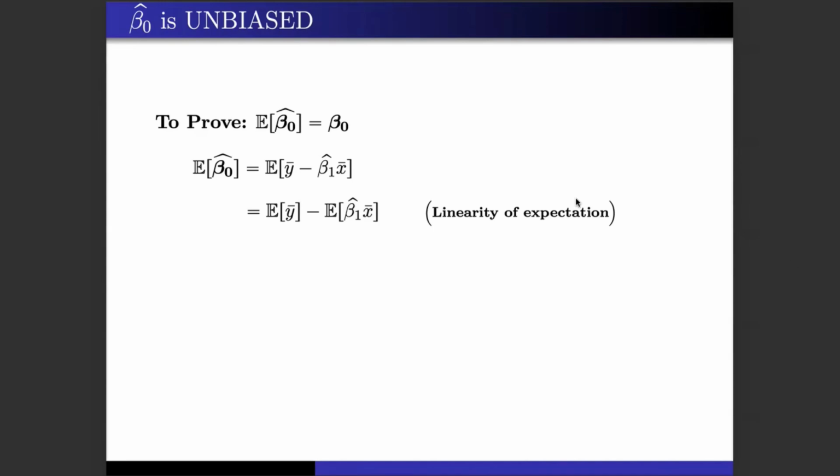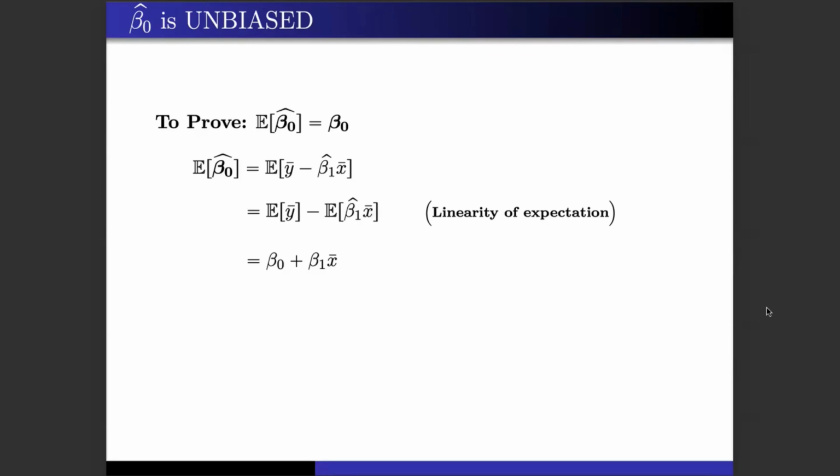If we look at this expression now, the first term is expectation of y bar, and we just proved that expectation of y bar equals beta naught plus beta 1 x bar. And in the second term, we have expectation of beta 1 hat x bar. X bar is the average of n values of the independent variable. It is a fixed quantity. It is a constant.